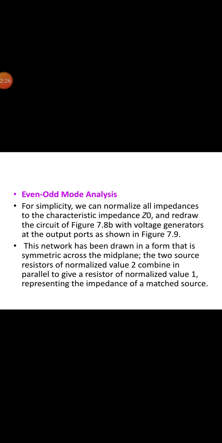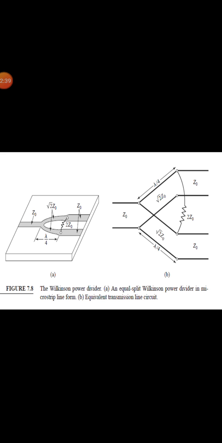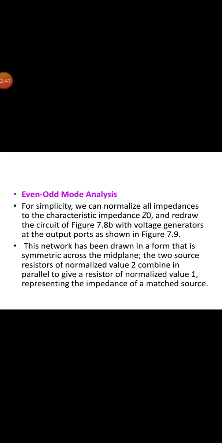It can be analyzed using even and odd mode analysis. For simplicity, we normalize all impedances to the characteristic impedance Z0 and redraw the circuit which we have seen already, with voltage generators at the output ports as shown in this figure. This network has been drawn in a form that is symmetric across the midplane.